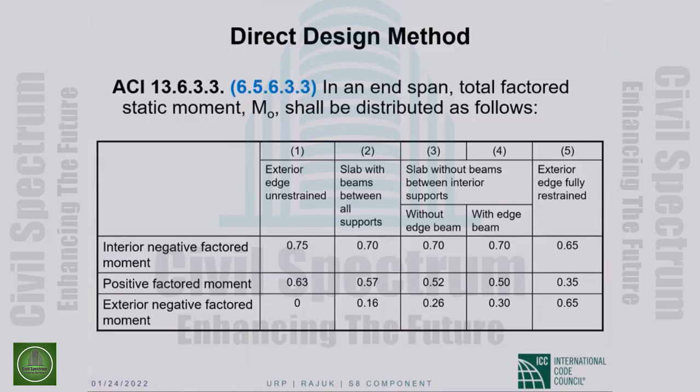So I am emphasizing, you must have noticed throughout the presentation, the flat plate, the slab supported directly on columns, no local thickening like drop panels, and no edge beams. Okay, this is our column. Slab without beams between interior supports, without edge beams.